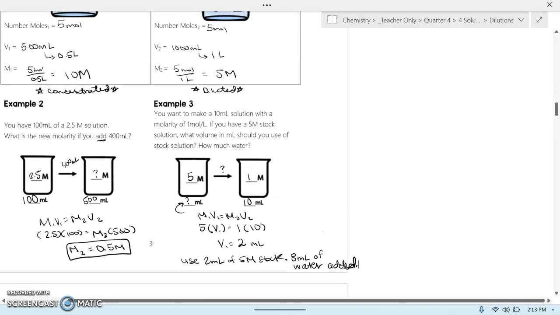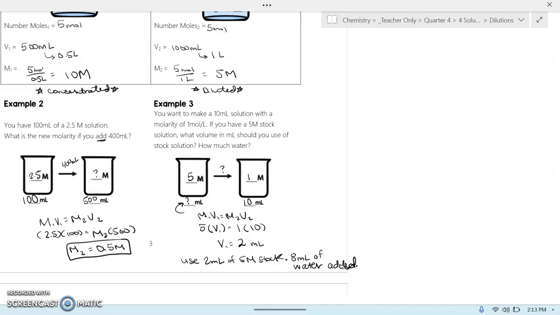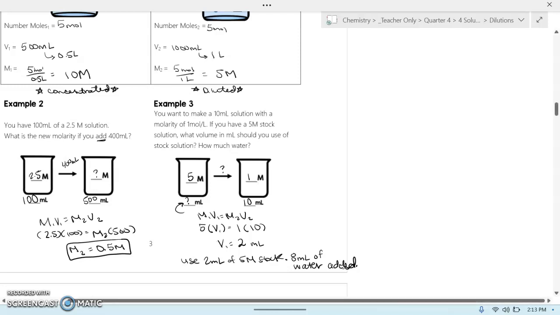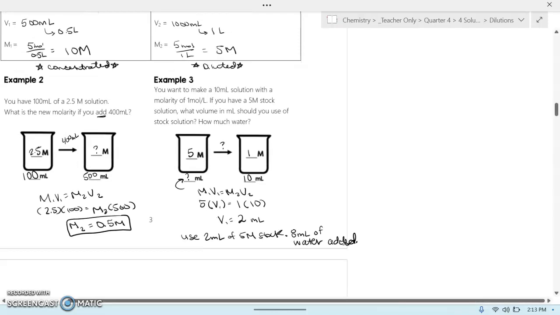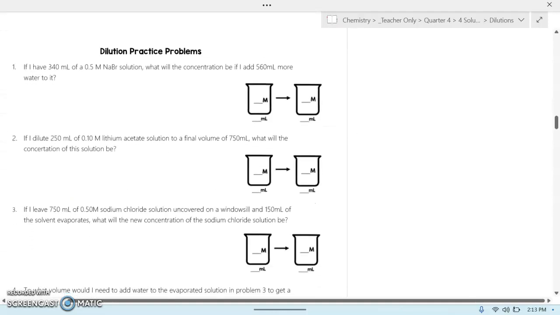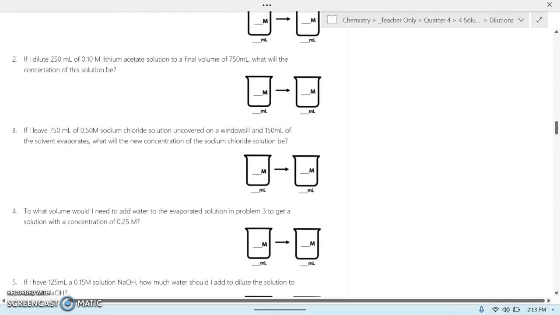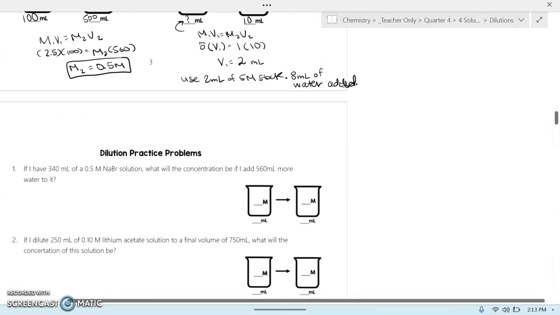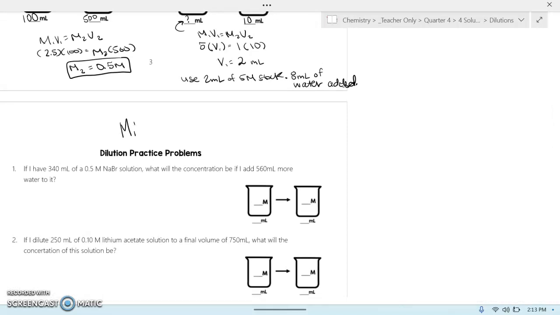So a couple of ways you can use this to find the molarity of a diluted solution, or to find how much of a stock solution you need and how much water needs to be added in order to reach a desired molarity. Those are the 2 most common ways you will see this equation used. So on page 4, you have some practice problems using M1V1 equals M2V2 and solving for the variable you don't know.